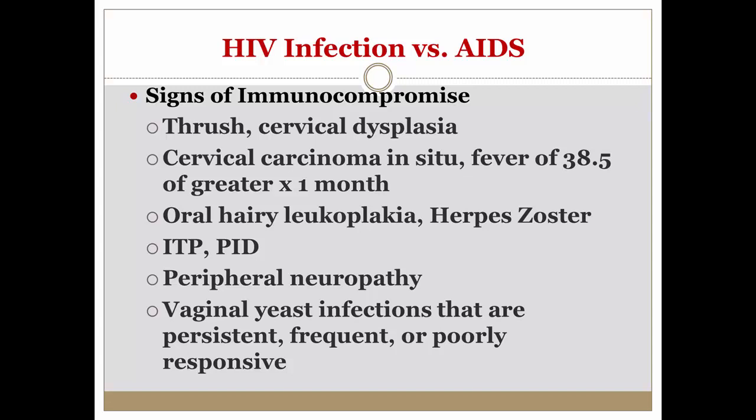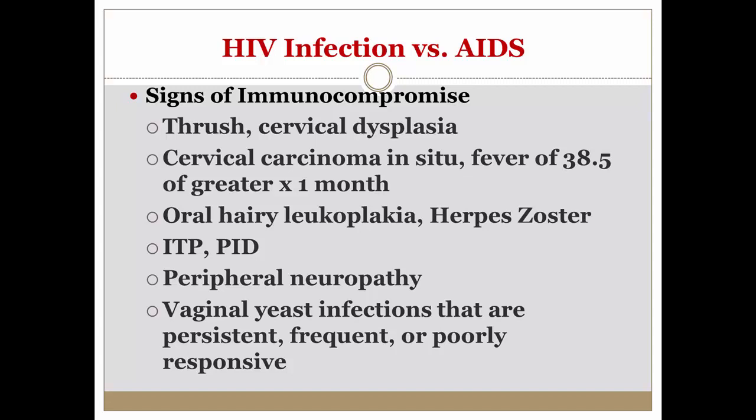Vaginal yeast infections that are persistent, frequent, poorly responsive. All of these things tell us that an individual with HIV infection is immunocompromised. And so what we want to pay attention to is when an individual is immunocompromised, they are much more likely to develop an opportunistic infection from something in the environment.